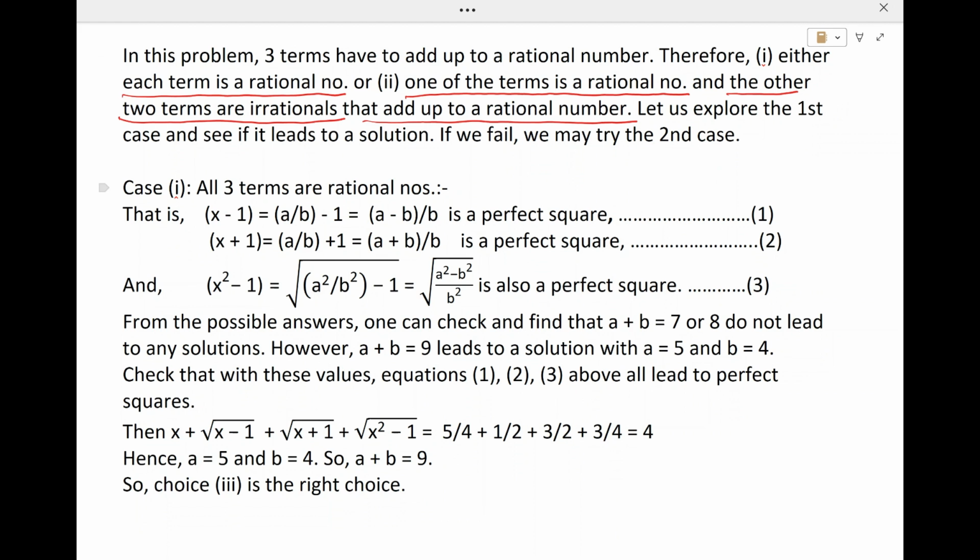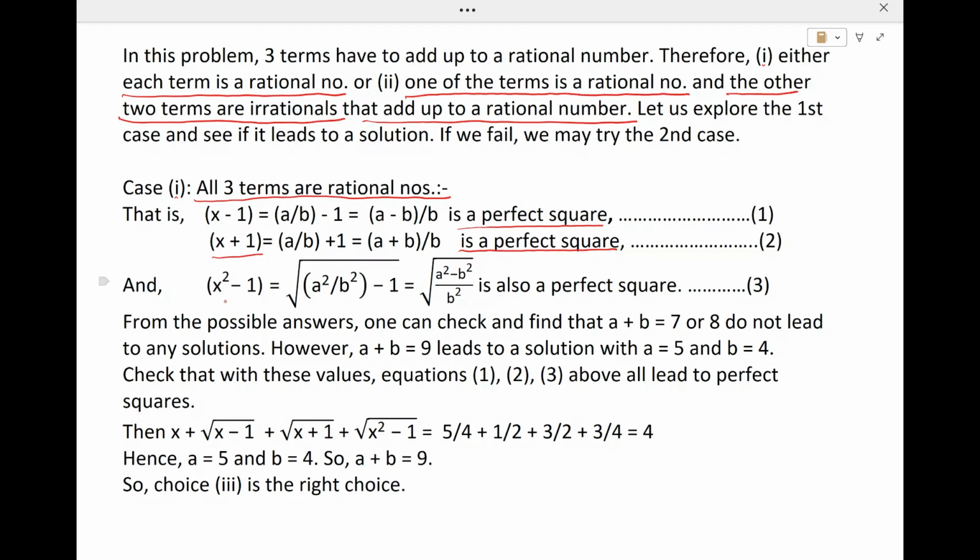Case 1, all three terms are rational numbers. This implies that x minus 1, which is a divided by b minus 1, or a minus b whole divided by b, is a perfect square. And from the second term, we get x plus 1 is equal to a divided by b plus 1, that is equal to a plus b whole divided by b, and that has to be also a perfect square.